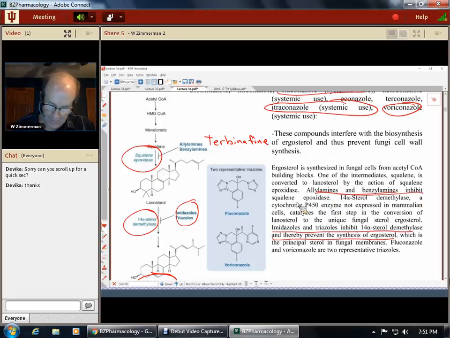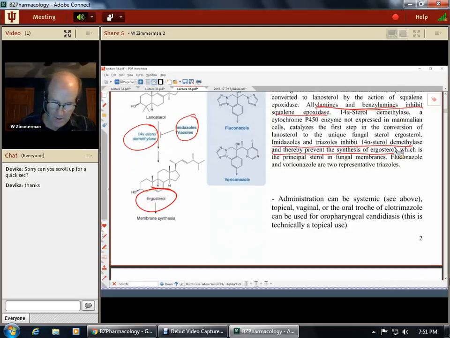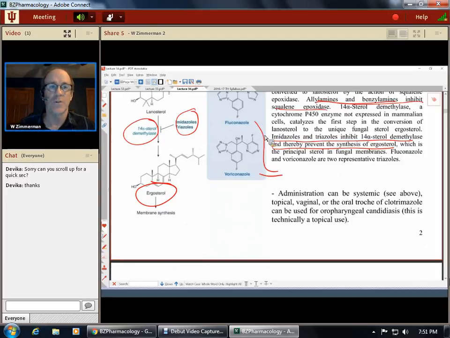Mentioned over here in the caption. Let's see. I noted about the voriconazole and the fluconazole. These are the two most useful systemic agents.